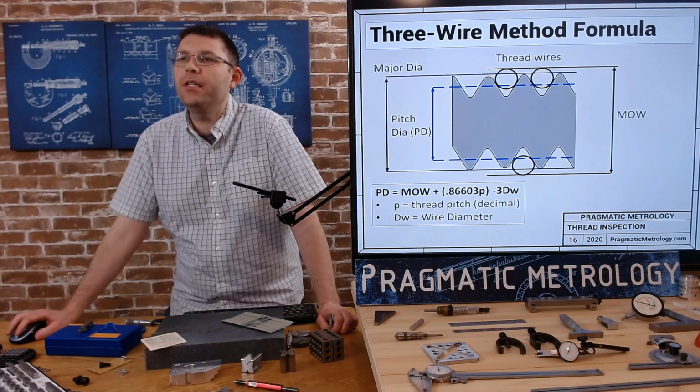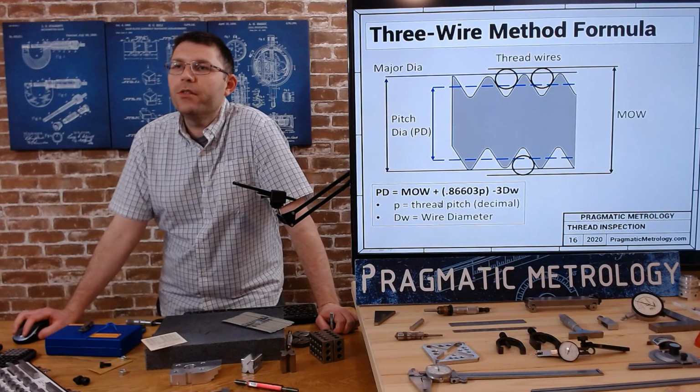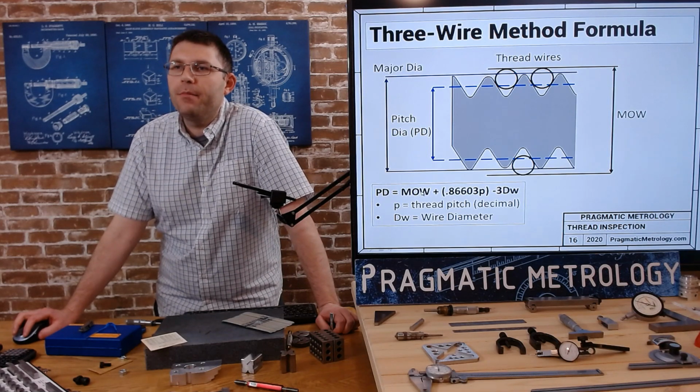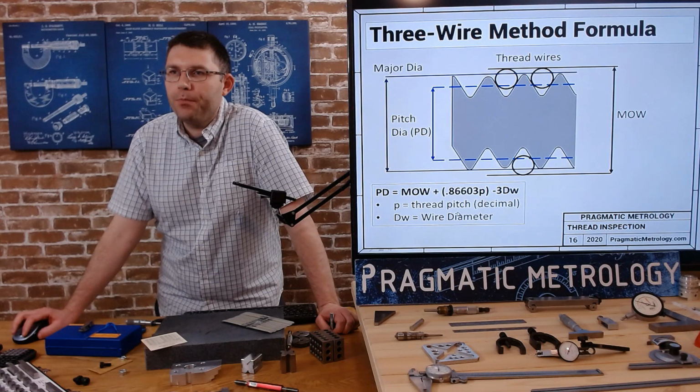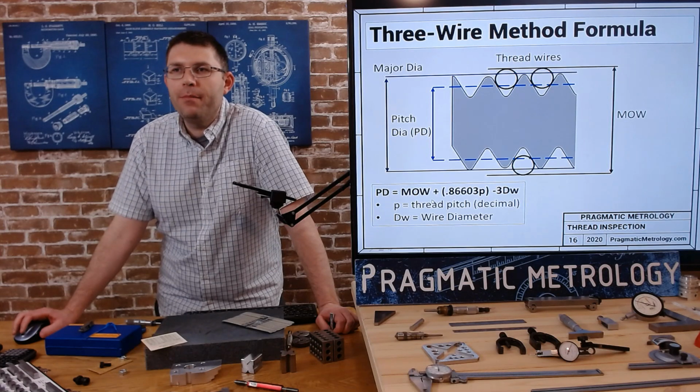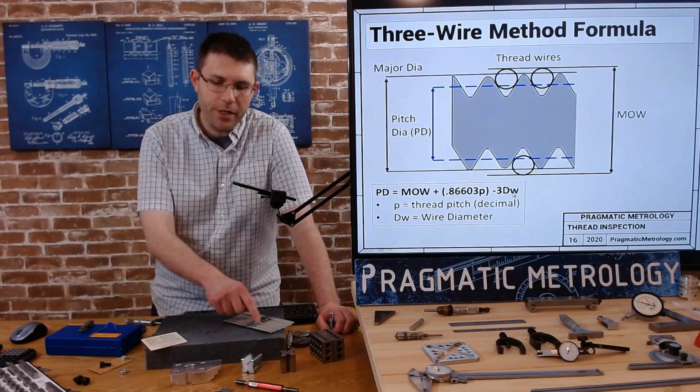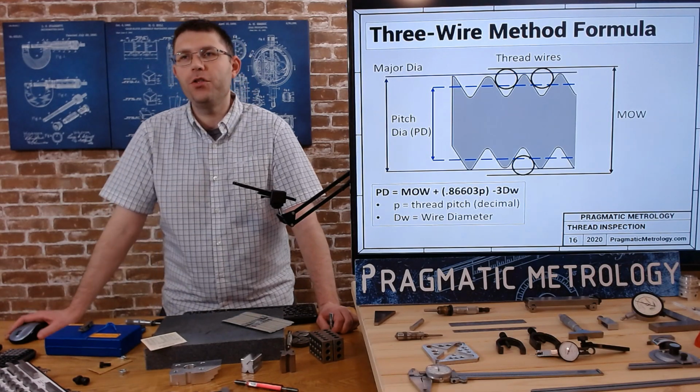You take your measurement over wires, which is across the outside micrometer. You multiply by this constant times the pitch, so your pitch in decimal format. For us, it's going to be 1 divided by 16. And then you subtract 3 times the wire diameter. So you have to measure your wire or look at the reference on the chart.